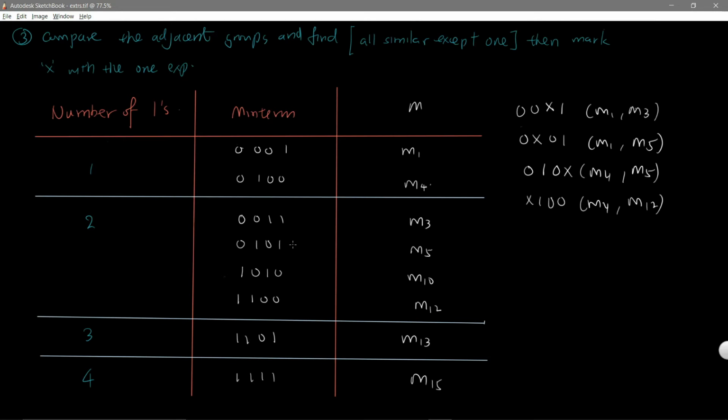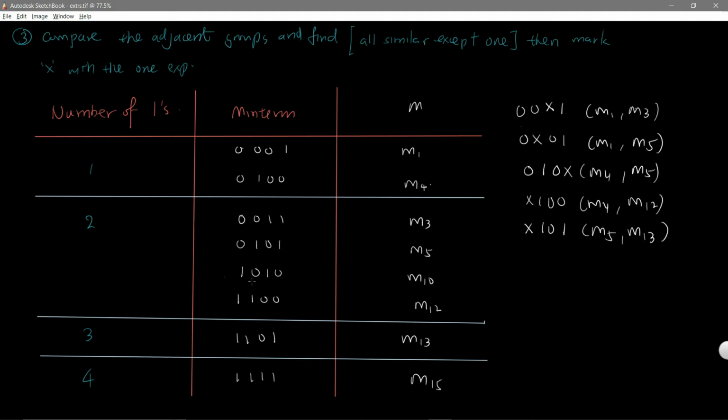Note that M5 is already paired with M1 and M4, so we compare only to the terms below M5. We can see that M5 can be paired up with M13, where the only different position is the first one. So the first one you write as this X.